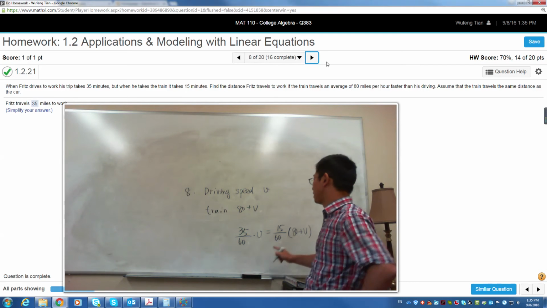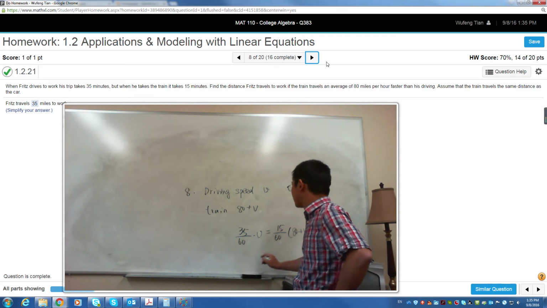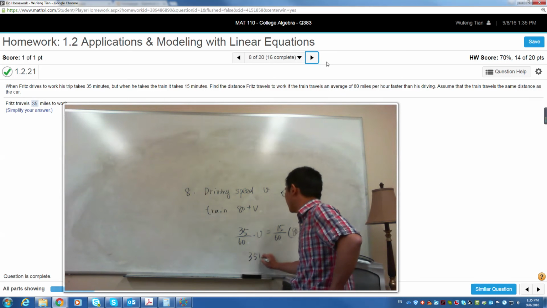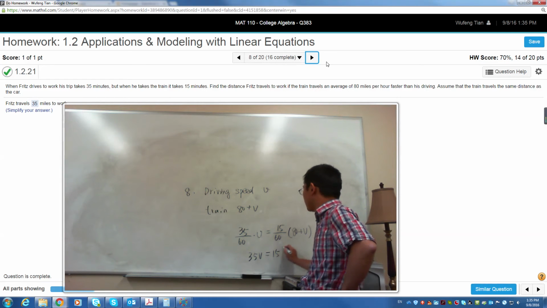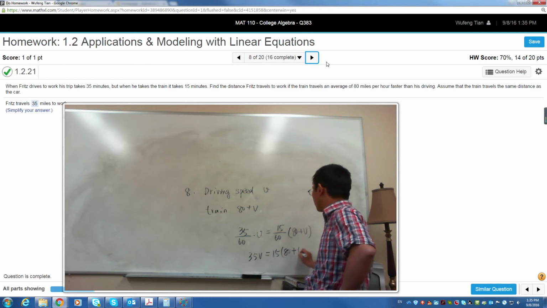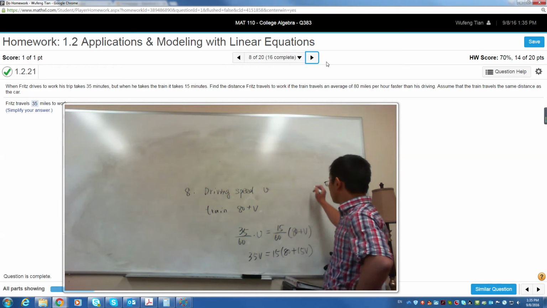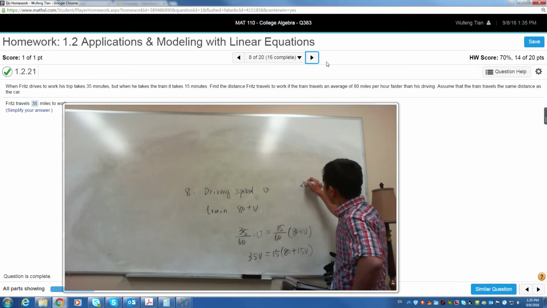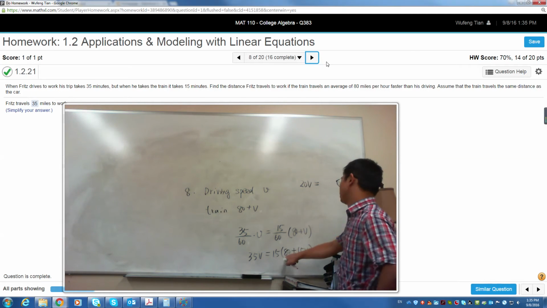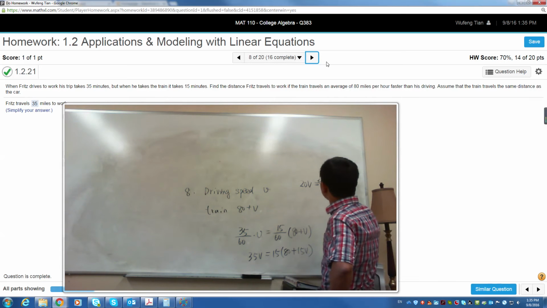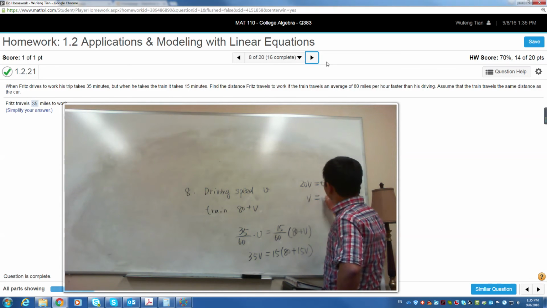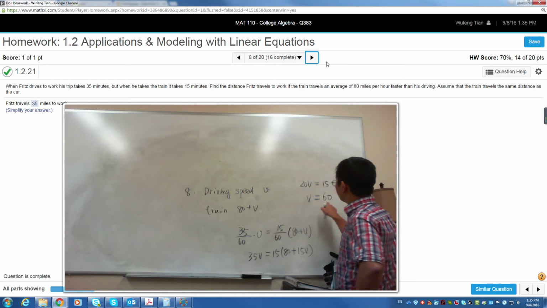Then solve for v here. The 60 you can cancel out, so you get 35v equals 15 times 80 plus 15v. So you have 20v equals 15 times 80, so v equals 60 miles per hour.